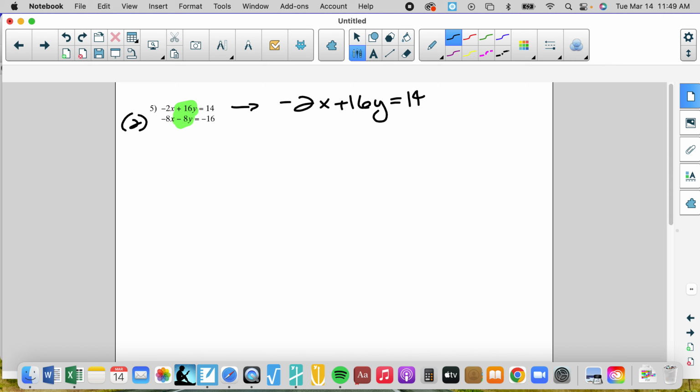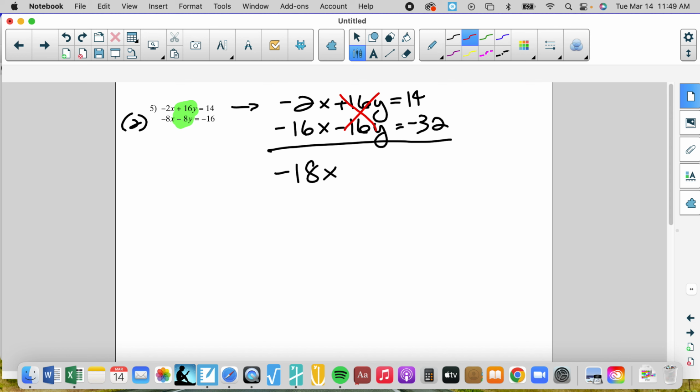If we multiply it by a positive 2, we get negative 16x minus 16y equals negative 32. We get negative 18x. The y's cancel out. We saw the x's cancel out in the other one; in this one we're canceling out the y's. Equals negative 18. Divide by negative 18, we get x equals 1.